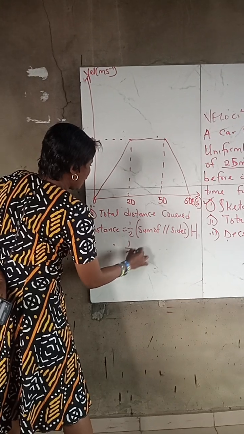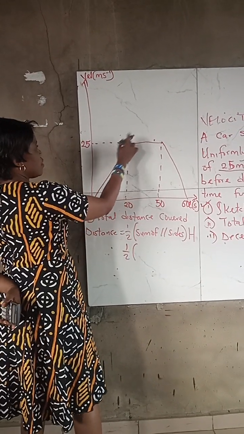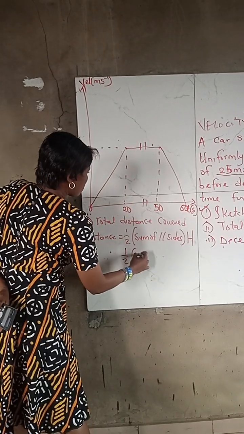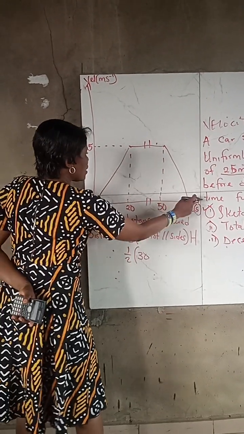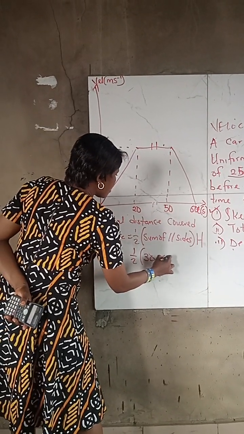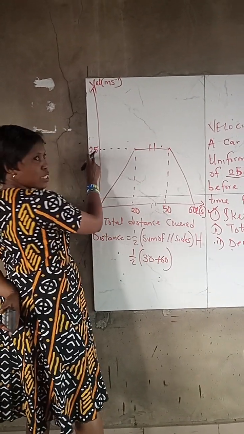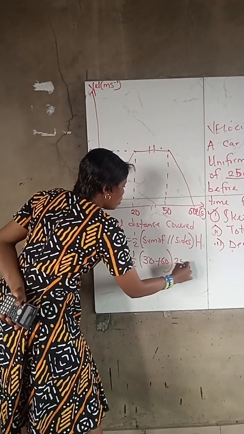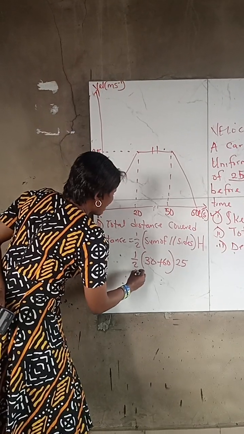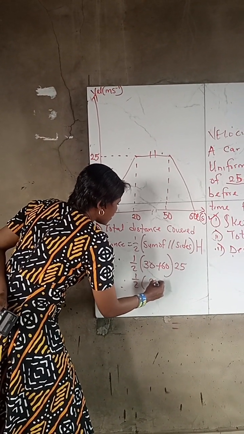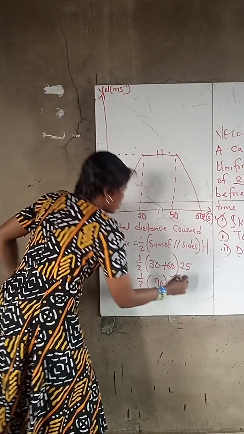Half into sum, these are the parallel sides. From here to here, this is 30, and this other one is 60. So 30 plus 60 multiplied by height, which is 25. This will give me half into 30 plus 60, which is 90. 90 multiplied by 25.